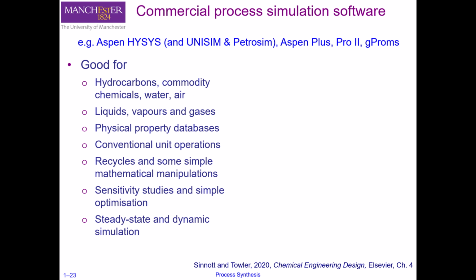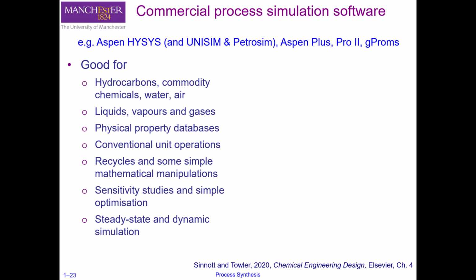So some of the commercial software that can help us generate these models that we discussed in the previous slide are listed here, like Aspen, HYSYS, Pro2, and gPROMS. This slide first gives us an overview of the strengths of these commercial software packages and then some of the key limitations. In terms of their advantages, they can be used for a range of applications like hydrocarbons and commodity chemicals.